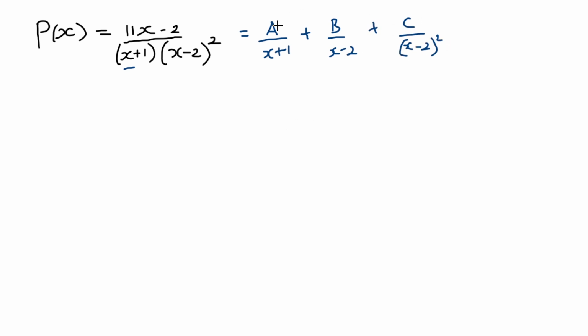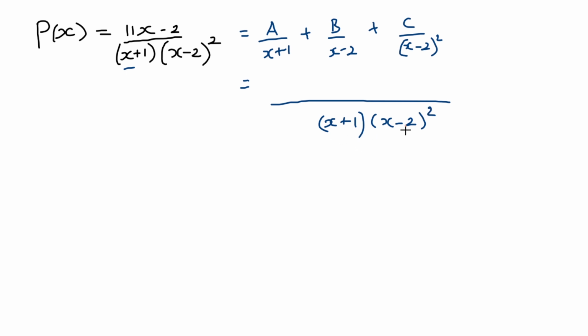Now we need to find the values of A, B, and C, and then we are good to go. So how do you find that? We find the LCM, which is x plus 1 into x minus 2 squared. Now we go on dividing the way we handle fractions.